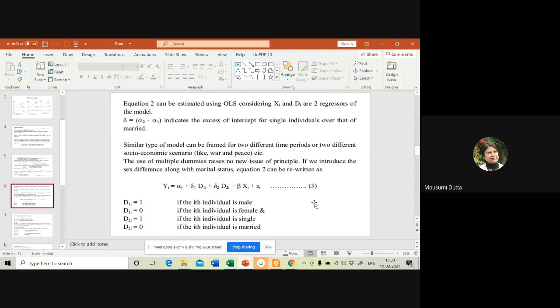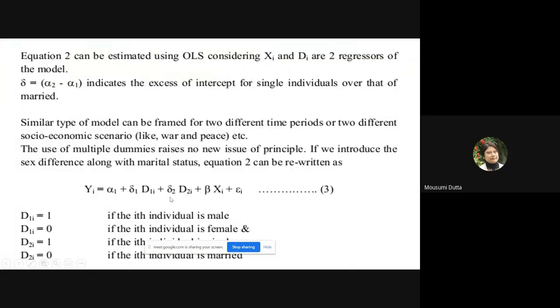Equation 2 can be rewritten as yi is equal to alpha 1 plus delta 1 d1i, plus delta 2 d2i plus beta xi plus epsilon i. Now if I put d1i is equal to 1, in that case the intercept is becoming alpha 1 plus delta 1.